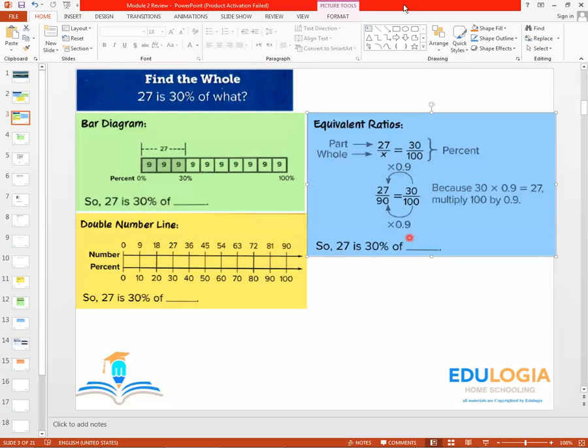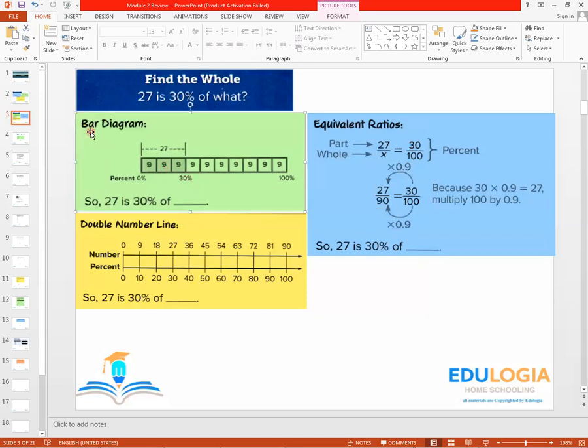By doing the cross multiplication property, you will get the value of x. Here, 27 by 100 is 27 and 2 zeros. Removing a 0 and dividing by 3, you will get 90.